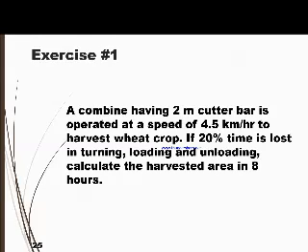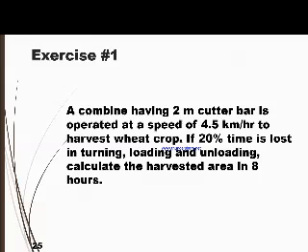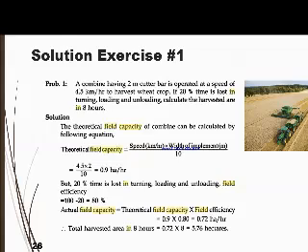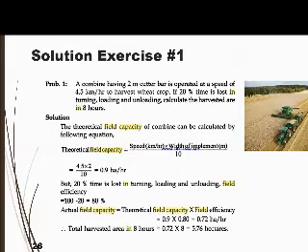So time loss there can be from the turning, can be from the stop, or anything. Okay, so meaning that you have another 80%, which is counted the actual field capacity of the combine harvester. Right. So the solution is given here. I would like you to try and then go on with the solution.